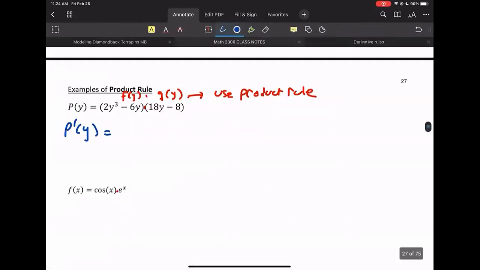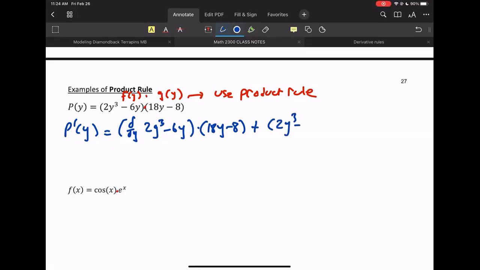So this becomes: we're going to do the derivative of the first function, leave the second function alone, plus leave the first function alone times the derivative of the second function.